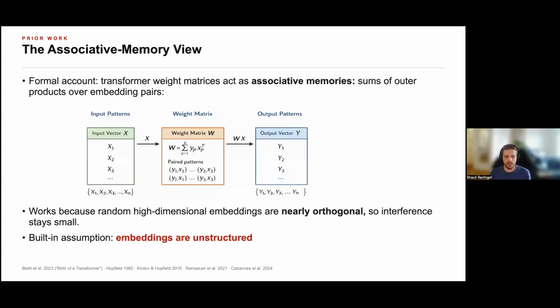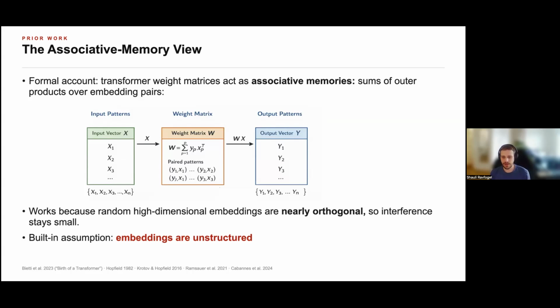There are attempts to formalize this account. One very basic attempt is this view of associative memory. If we have a set of vectors x1 to xn, and we want each x to be associated with some y, which is the answer, so y1 to yn, we can compose this very simple memory matrix W, which is just the sum of the outer products between each key and value, each x and y.